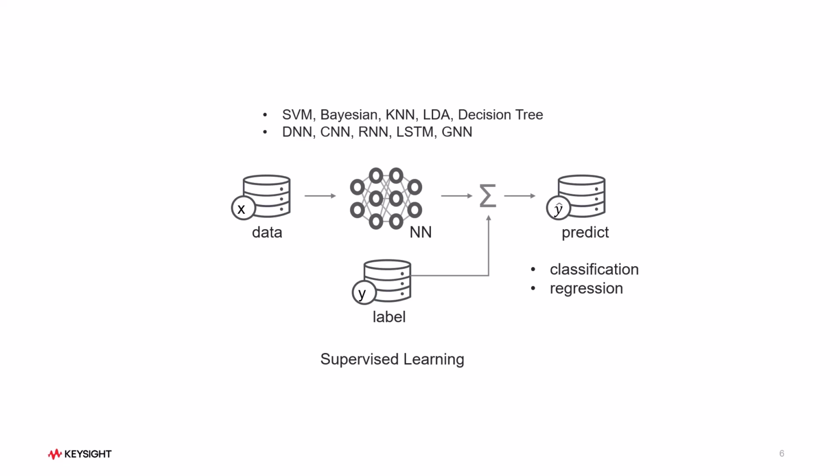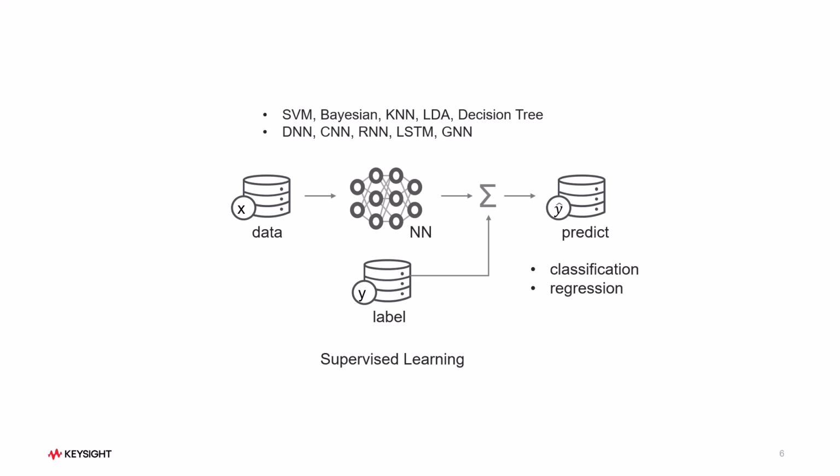Supervised learning is like having a teacher guide you through the learning process. Imagine you have a data set where each example is labeled. These labels are essentially the correct answer. Your task is to learn a mapping from the input data to these labels.